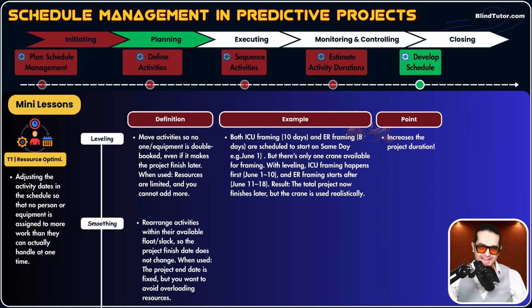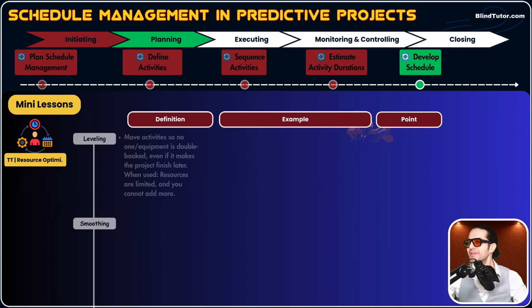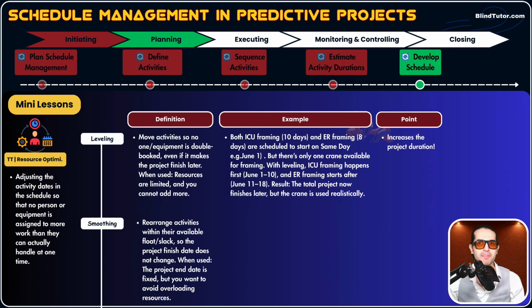Guys, we have some activities that are not on our critical path and have total float more than 0, for example, 3 days total float or a week total float. So for non-critical activities, when we face a resource constraint or limitation, we apply what? We apply resource smoothing.